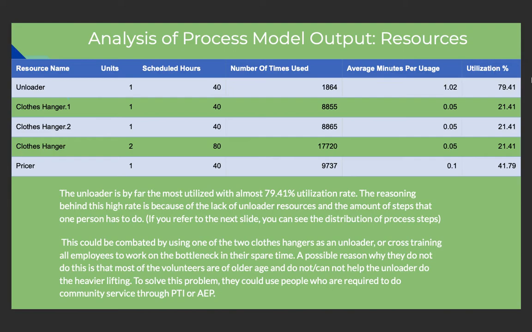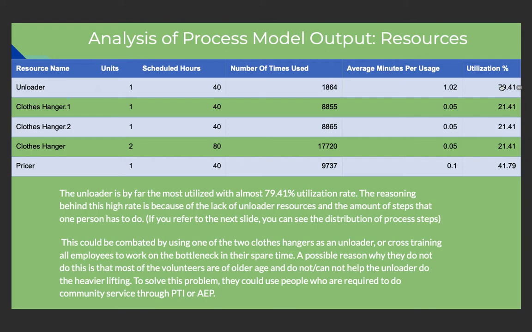As you can see, we calculated utilization rate. That number is helpful to understand which parts of your process are being most utilized and which parts are being underutilized. In this case, the unloader had the highest utilization rate. For clarity, you want utilization rate to be high.